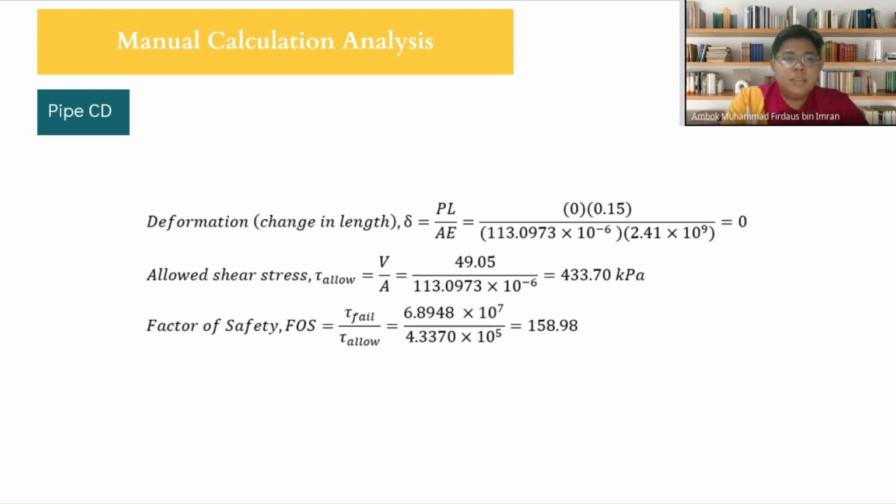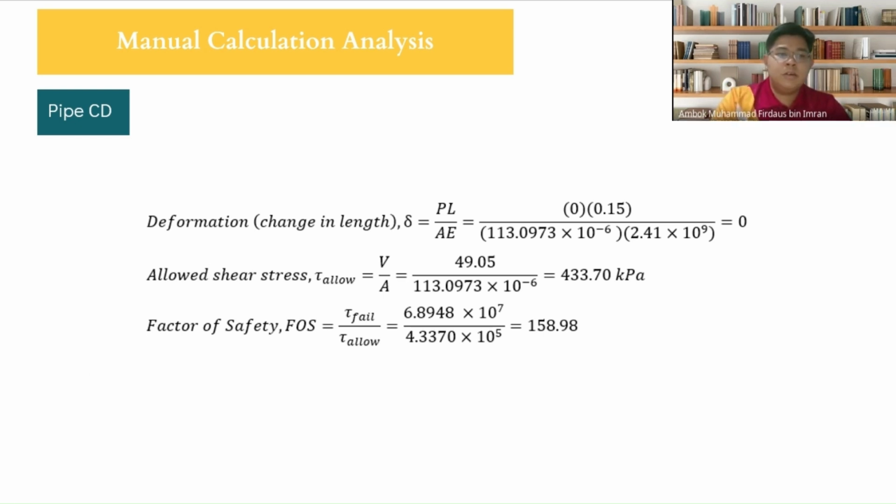To summarize, the allowed shear stress is basically 433.70 kilopascal, and the factor of safety is basically 158.98. With that, I have analyzed all of the members in the overall free body diagram.